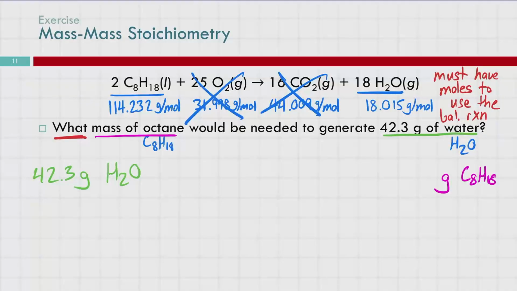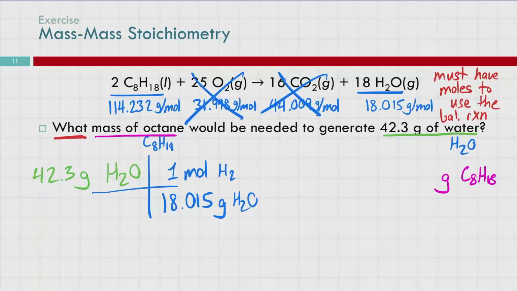So we need to get to moles first. So we're going to take our grams of H2O and convert that to moles with our first step. That means we're using this 18.015 grams per mole. We're dividing, that turns grams into moles. Because we're dividing, the grams of H2O is on the bottom, that cancels the grams H2O that are on the top. And our units at this point would be the moles of H2O.